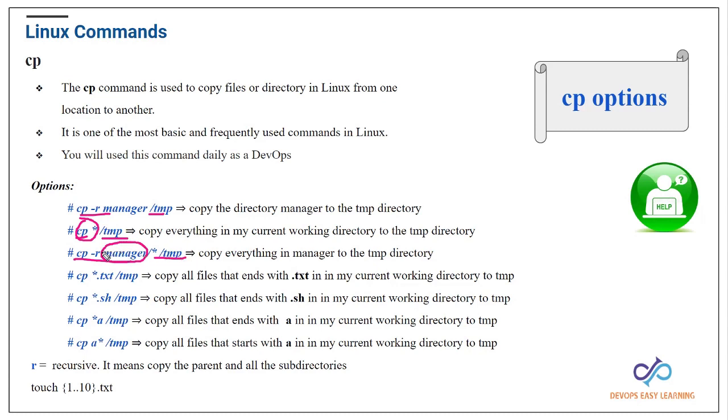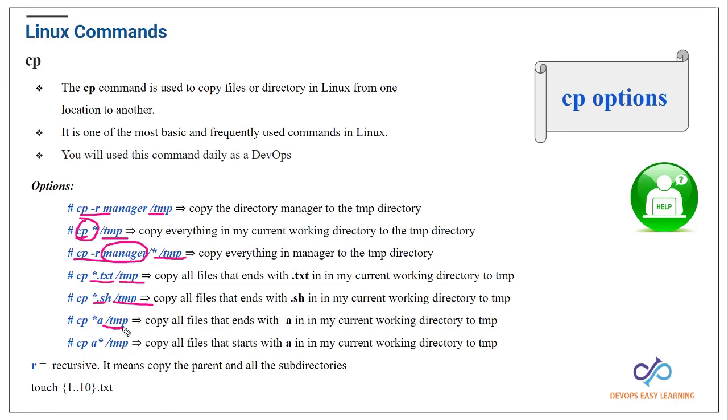When you put a folder and you say / and star, it means you want to copy everything that is in that directory and drop it to the destination. And this one is saying copy everything that ends with .txt and drop it in /temp. This one, copy everything that ends with .sh and drop it in this specific location.